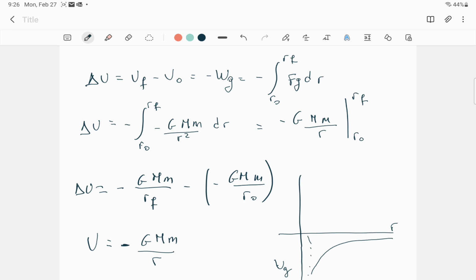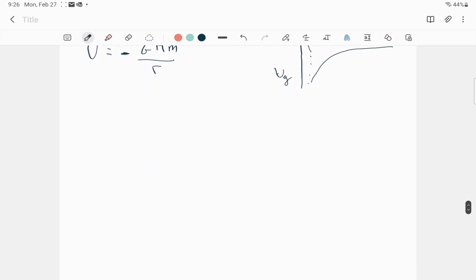Let's do this, because I think this is what you were asking the other day. Delta U is equal to minus GMm times 1 over R final minus 1 over R initial.